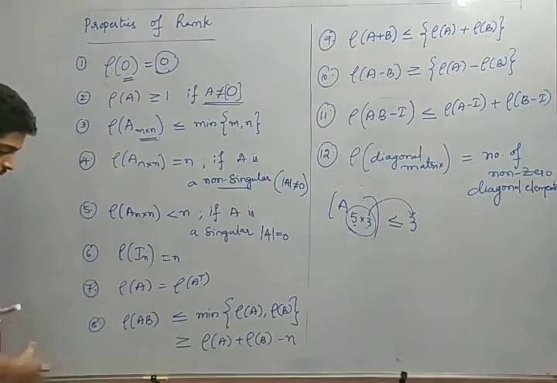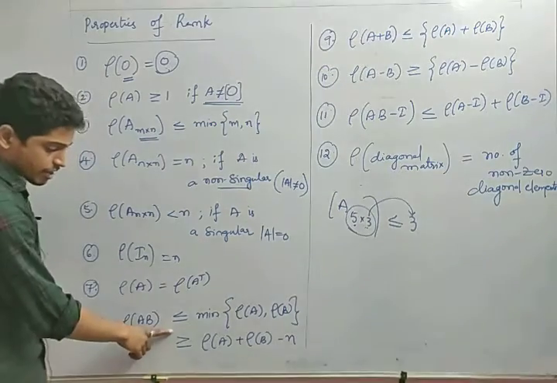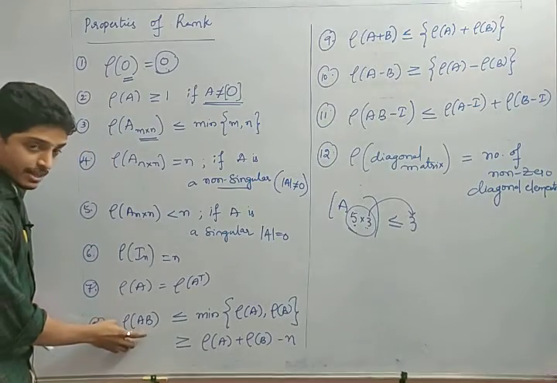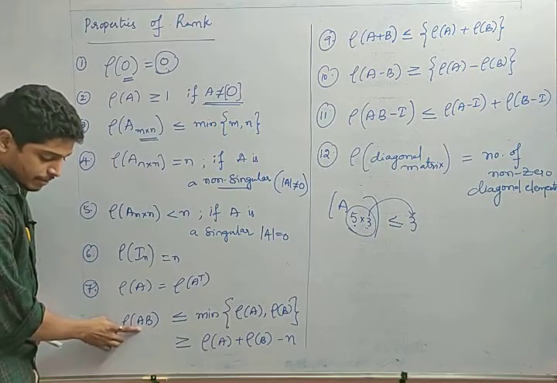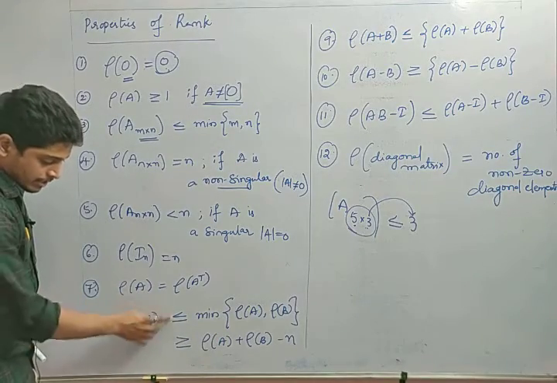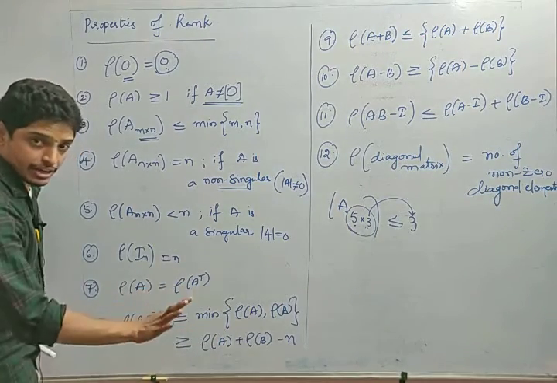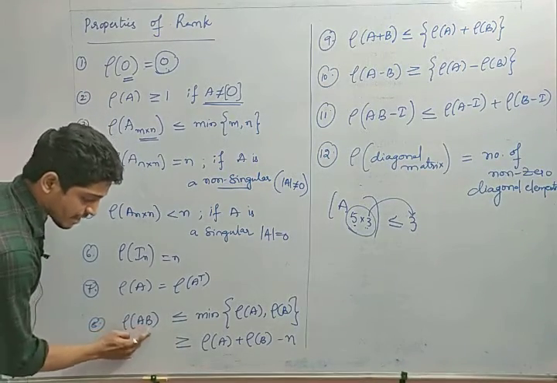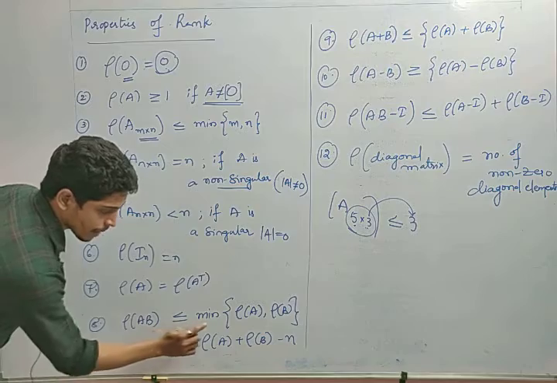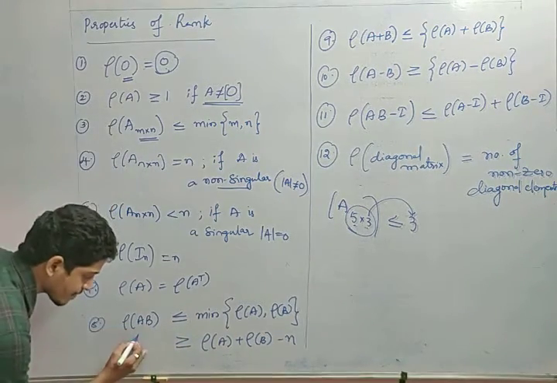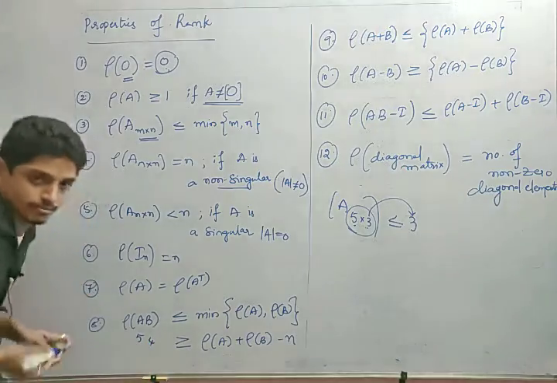Next one: rank of AB is less than or equal to the minimum of rank A comma rank B individually. Here AB is a product, with A the pre-factor and B the post-factor. This is one very important relation; they might ask you this property directly in the questions. Rank of AB is less than or equal to the minimum of rank A comma rank B. Suppose rank A is 5 and rank B is 4.